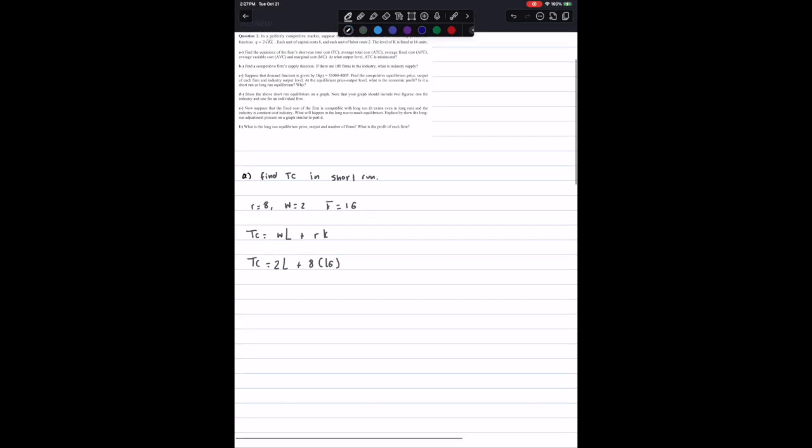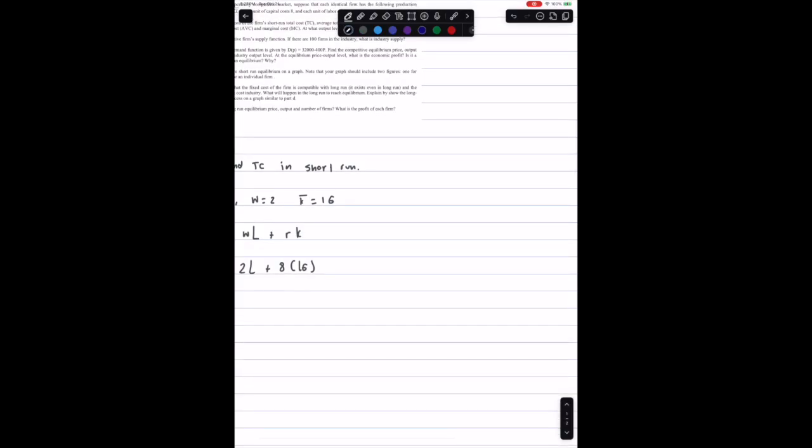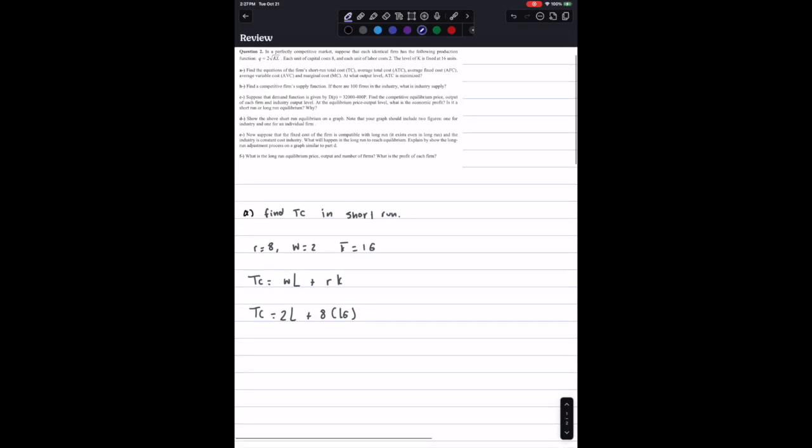This is very important. I'm going to write this in blue and put a star right here. Q is equal to 2 root KL, right? We can rewrite this as Q is equal to 2 times K to the power 1 over 2 times L to the power 1 over 2.